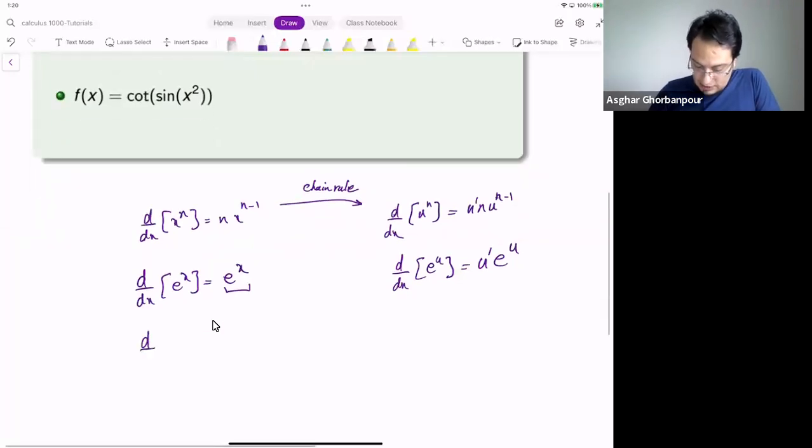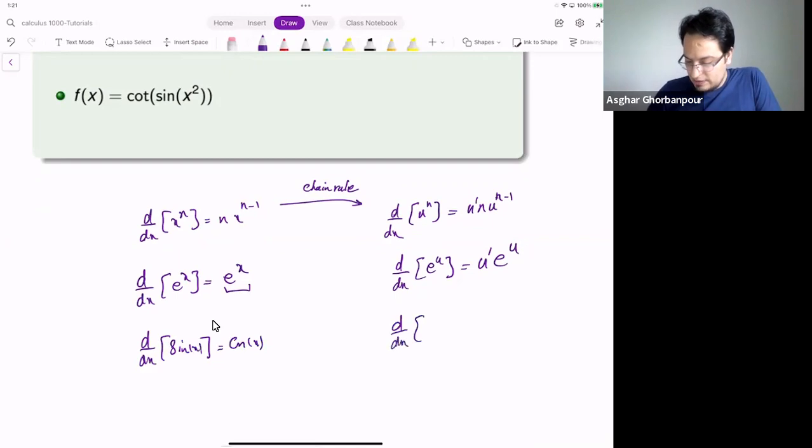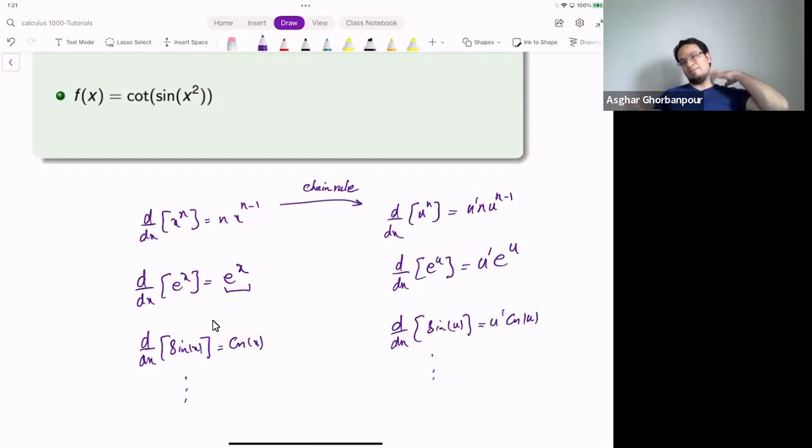Or the derivative of sine x is cosine x, and the derivative of sine of a function is u prime cosine of u. And you have to be able to write everything in both cases.